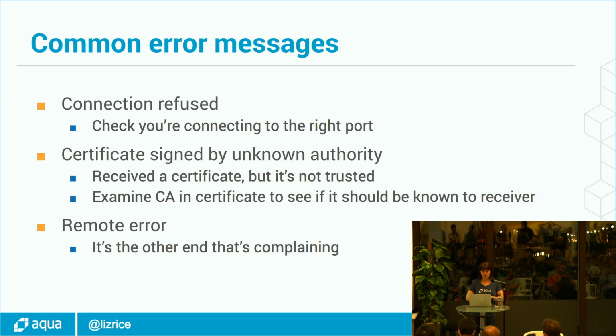Was that a certificate authority you intended to trust? And finally, the thing that I have to remember more than anything: read the error message carefully so that if it's a remote error, you spot that and you know that it's the other end that's going to give you a more informative message. So hopefully, understanding what those error messages are will stop you from getting confused and in a bit of a panic when your certificates don't work.